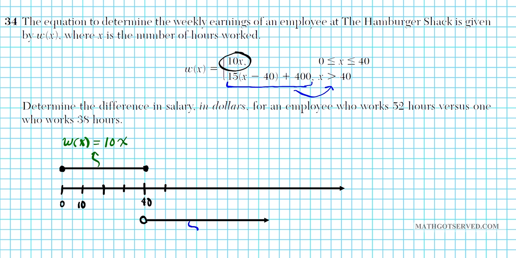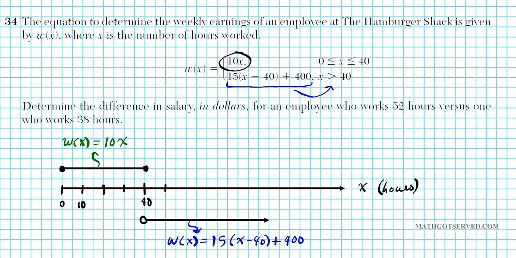So on this interval, we have W of x equals 15 times x minus 40 plus 400. So this number line is basically x hours. All right, so there goes a visual way of looking at this piecewise defined function.